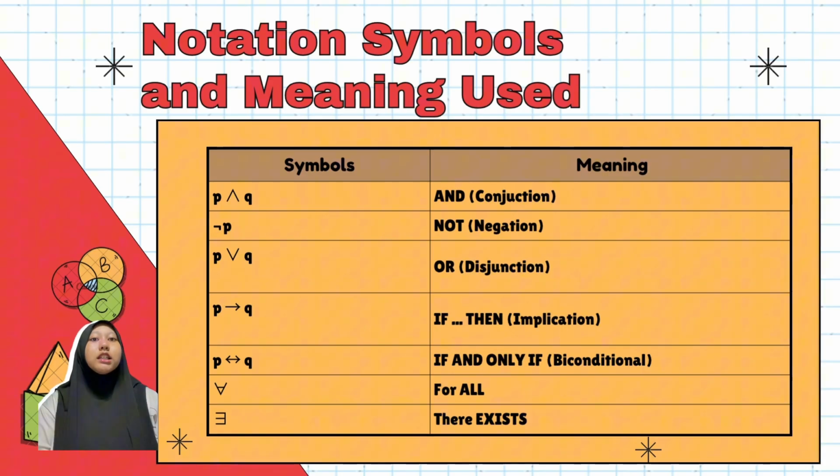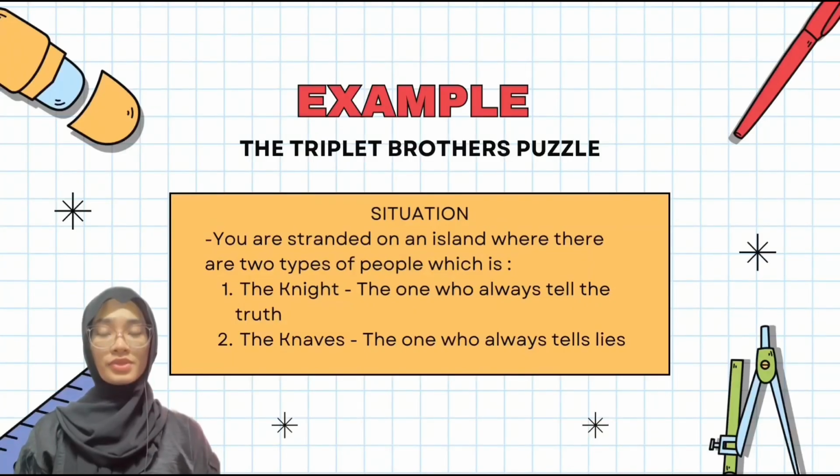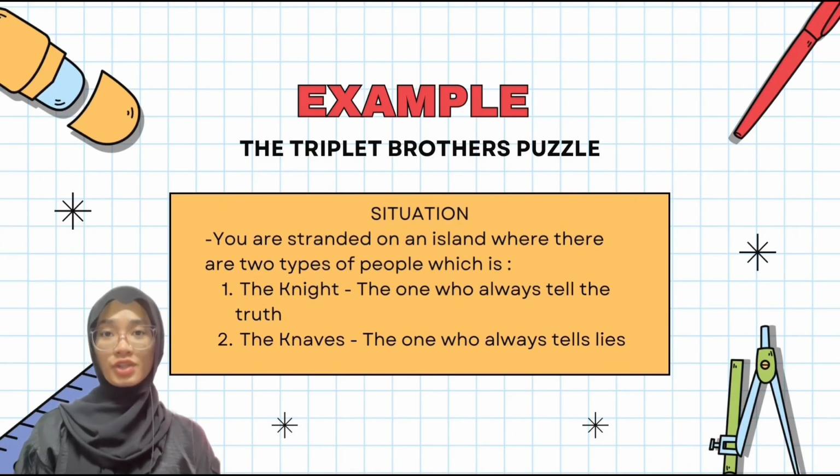Third is disjunction. Number 4 is implication. 5 is biconditional. 6 is for all, and 7 is there exists. That means someone, or not all.